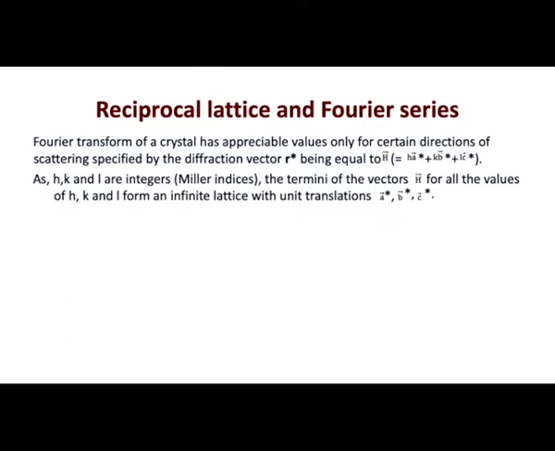So these are called Miller indices, which can be both positive and negative and also 0. The termini of the H vectors for all values of h, k, l form an infinite lattice with unit translation in the reciprocal space as a star, b star, c star.